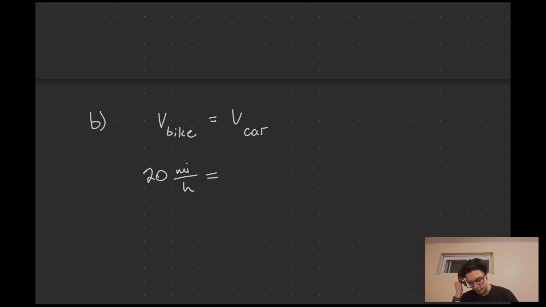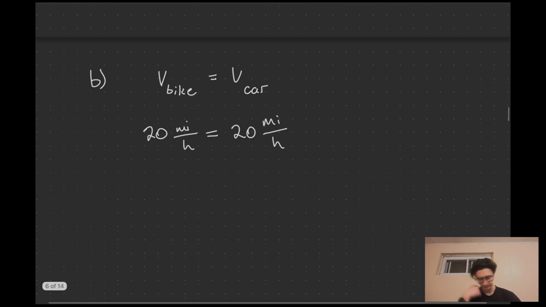And the car is going to exceed 20 miles per hour and is going to reach 50. When the car reaches 20 miles per hour, the very next instant in time, it's going to go a little bit faster and it's going to start gaining distance onto the bike. So we need to find at what point in time does the car's velocity also equal 20 miles per hour.